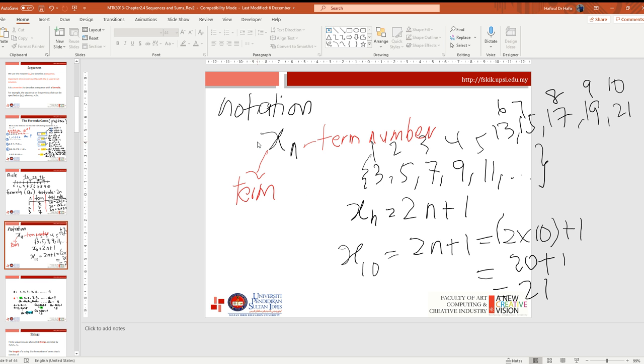For the notation, please bear in mind that x is the term and n is the term number. For example, you have x_n equal to 2n plus 1, so x_10 is equal to 2n plus 1, where you replace the term number. 2 multiplied by 10 plus 1 is equal to 21, and so on.